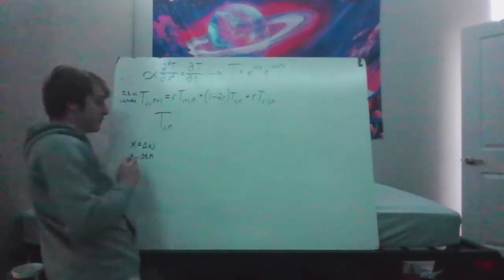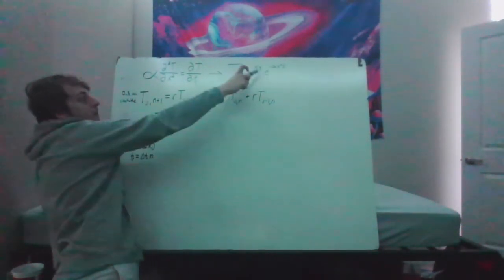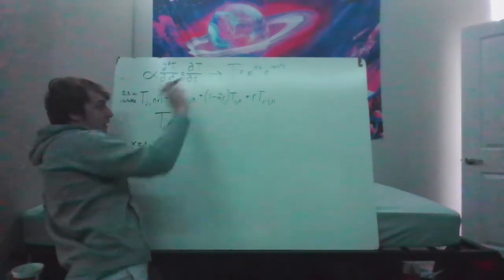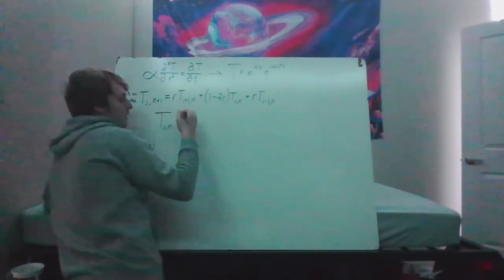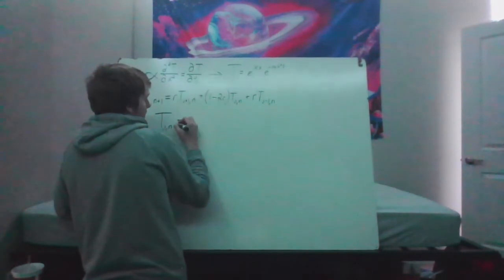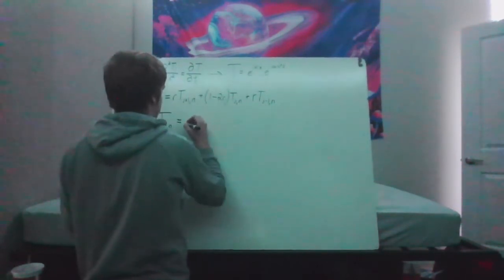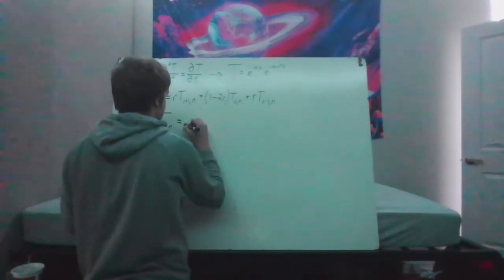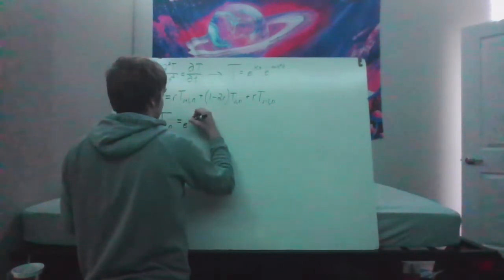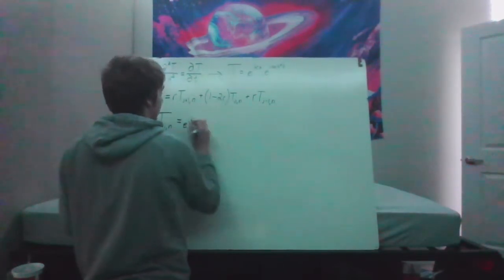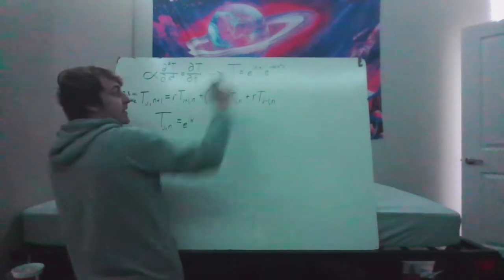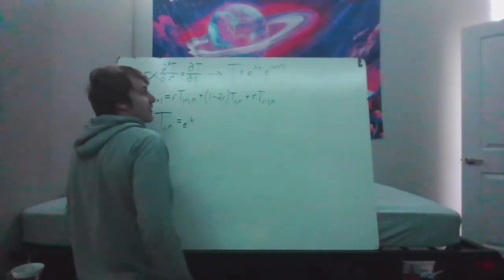And now we can plug these in up here for our x and t and get our t, j, and n. So it will be equal to e to the I, k, and again, I forgot to mention these k values in the equation we solved up here are constants.